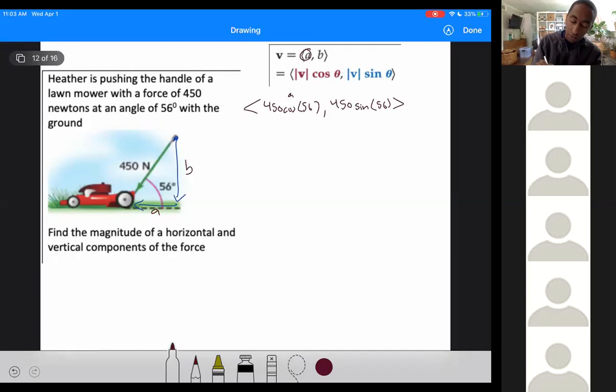That will help us to find the A and the B. Any questions thus far? Okay.